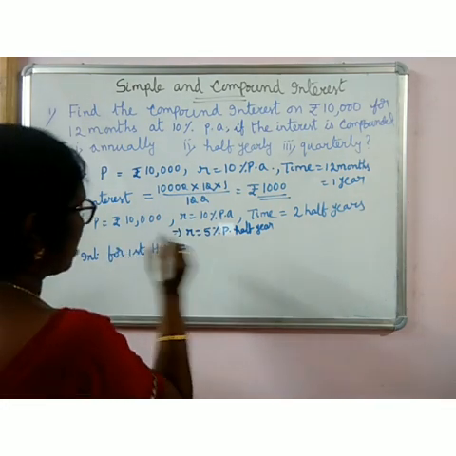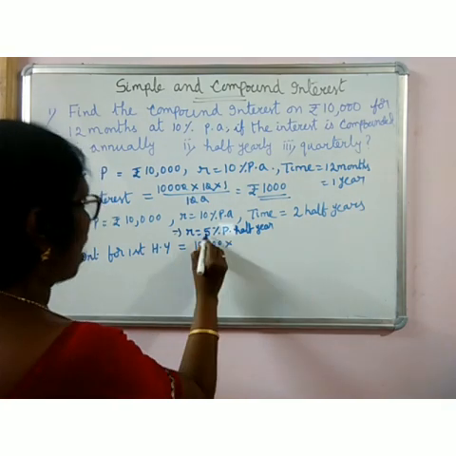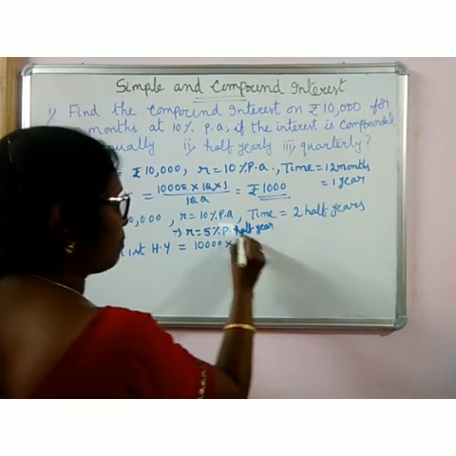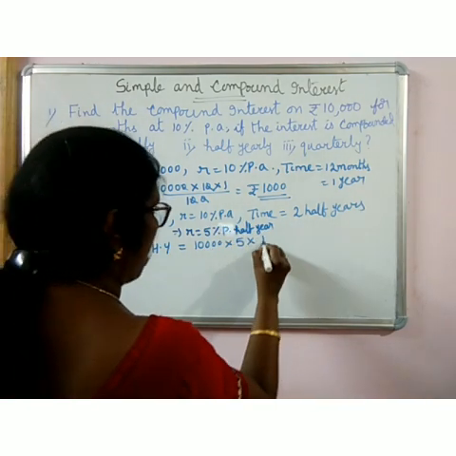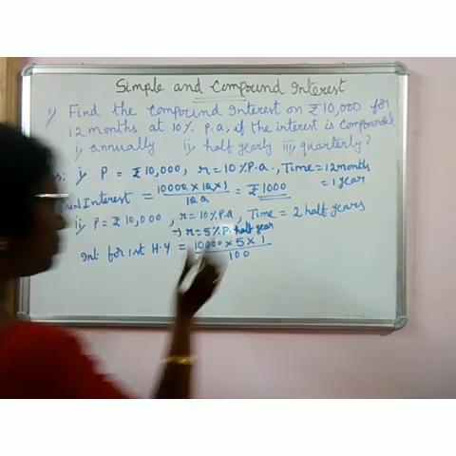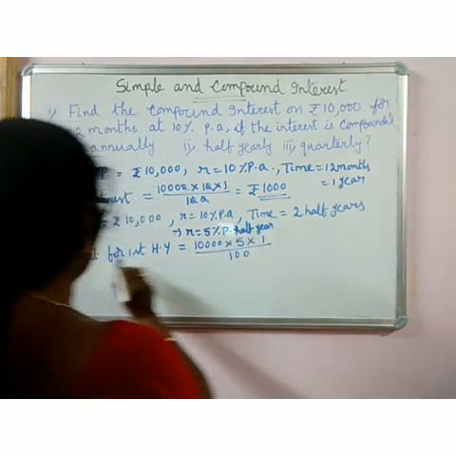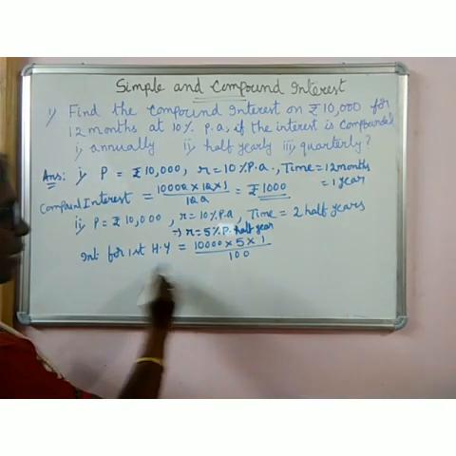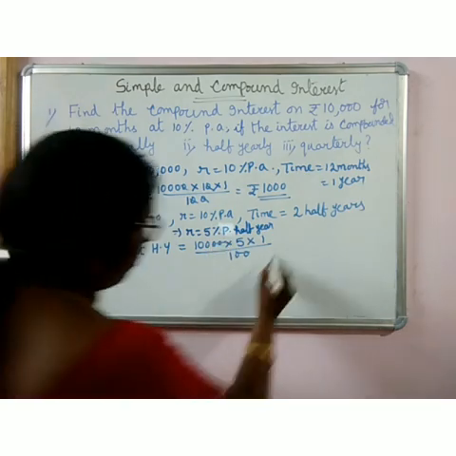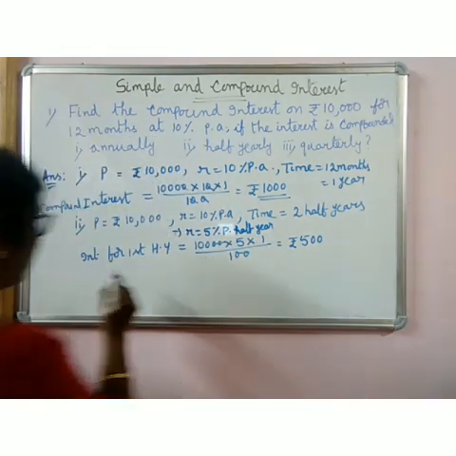Interest for first half year is 10,000, half yearly rate 5% per half year, 1 by 100. Two zeros cancelled, so you will get 500 rupees for the first half year.